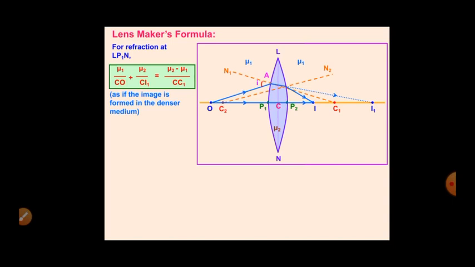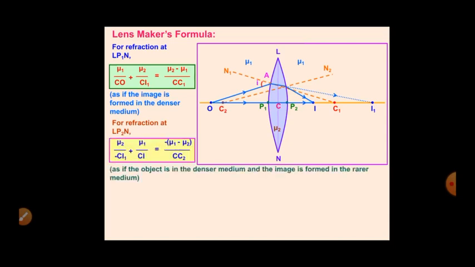It will again undergo refraction and make the final image I. You can see the whole figure now. Let's write the equation for refraction at LP2N: mu2 upon minus CI1, since CI1 serves as the object, plus mu1 upon CI, which serves as the image, is equal to minus of mu1 minus mu2 upon CC2, where CC2 is the radius of curvature of the second refracting surface.